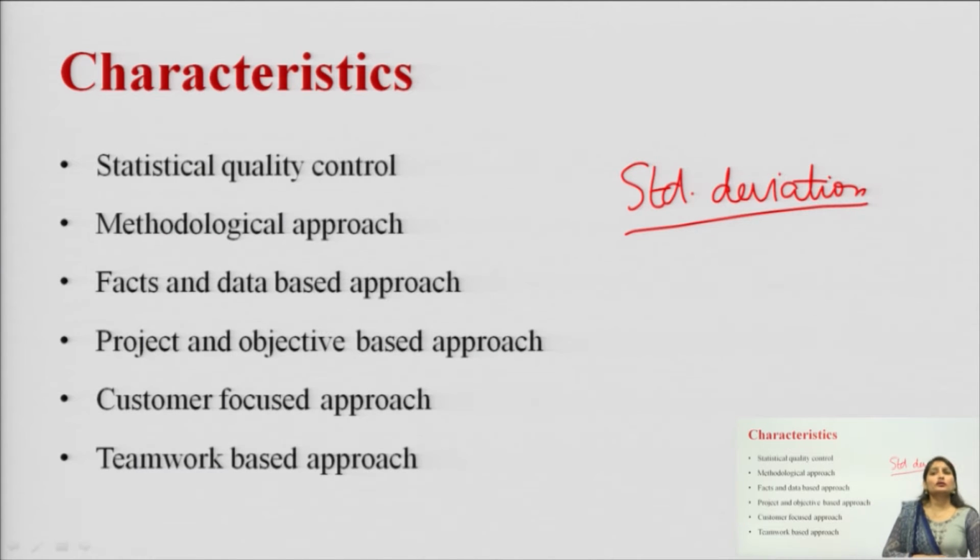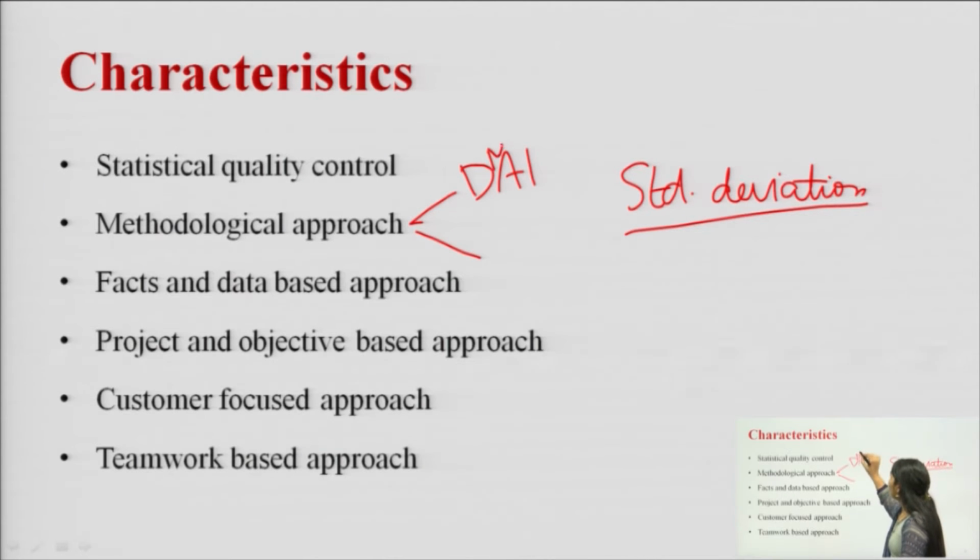Next is methodological approach. Methodological approach consists of two methods. The Six Sigma concept includes two methodological approaches, DMAIC and DMADV.